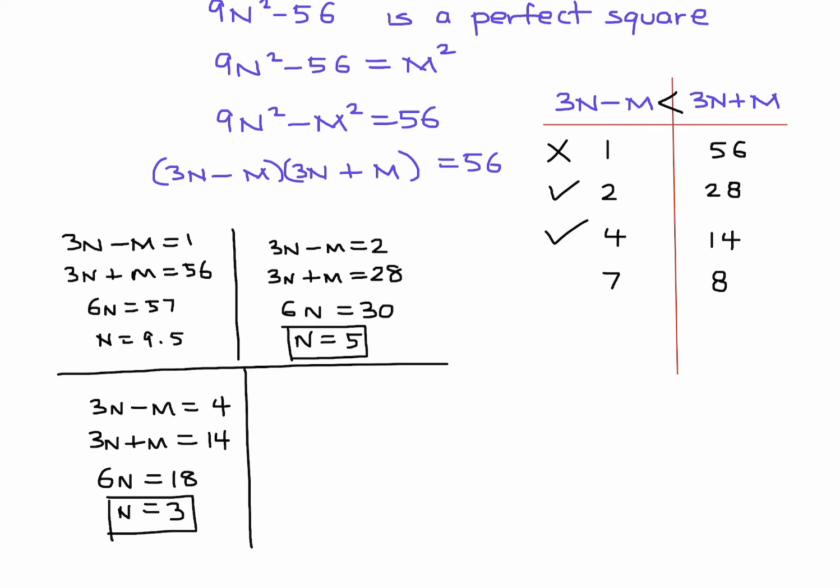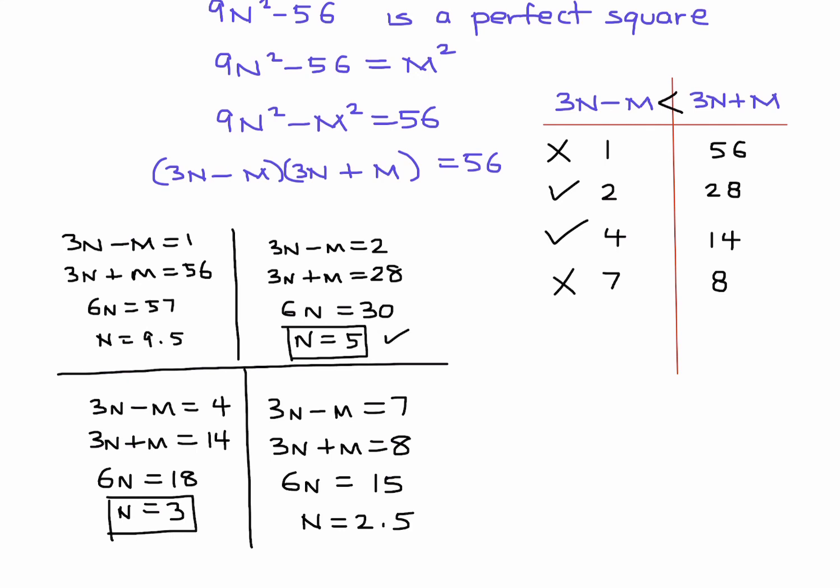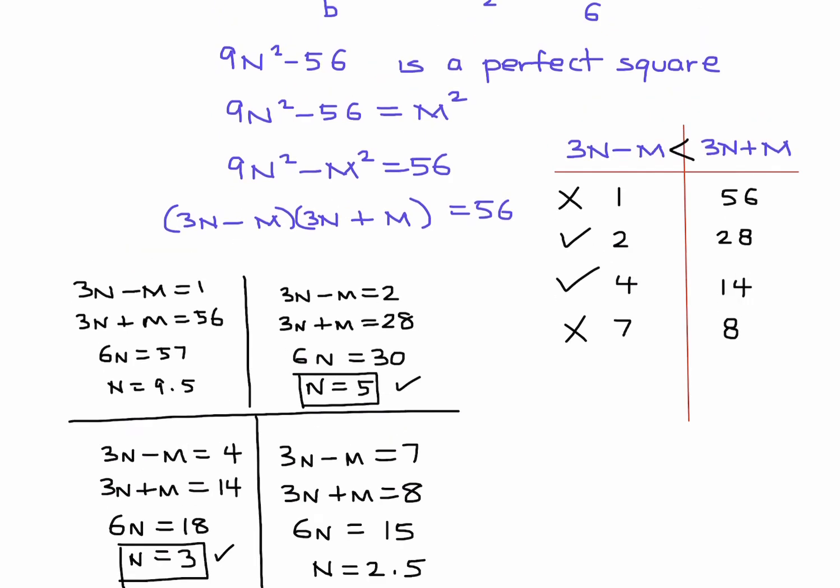And then let's see what the last one gives me. 3n minus m is equal to 7. 3n plus m is equal to 8. If you add, you get 6n is equal to 15, and therefore n is equal to 2.5, and that's not an integer. Okay, no problem. I got 5 and 3 as my possible values for n.